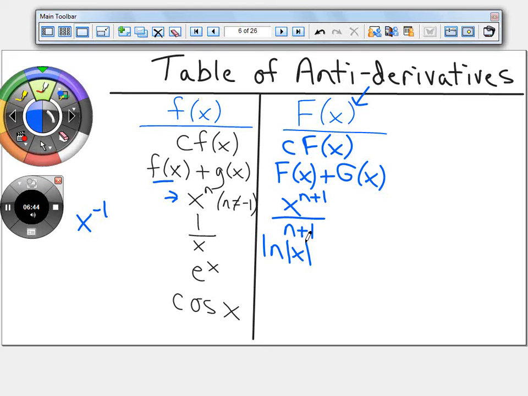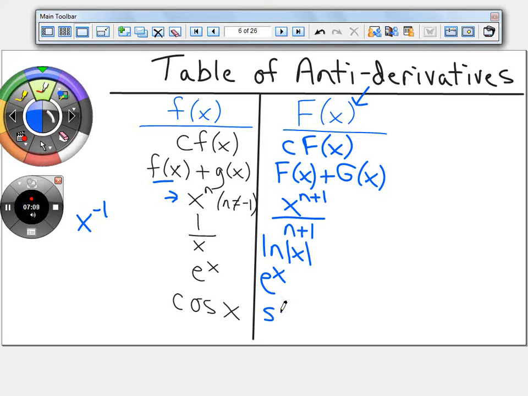The antiderivative of e to the x, you might guess this one. It's exactly the same, because we know when you take the derivative, it's e to the x, so it makes sense when you work the other way. And then we know the derivative of cosine is negative sine x, but when you're going backwards, you have to think about what function, when you take the derivative of it, gives you cosine x?